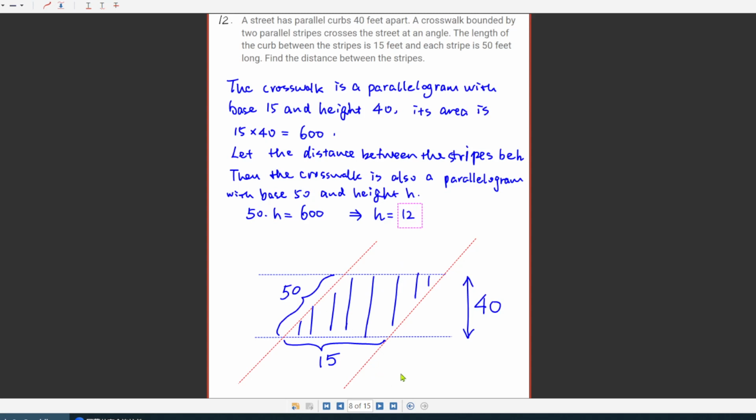First of all, its area can be calculated by 15 times 40, right? On the other hand, we also know that equals 50 times the distance between the strips, which is h, right? Therefore, you can calculate h is actually 12, right?